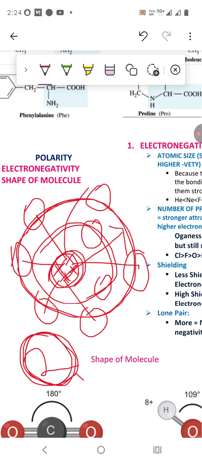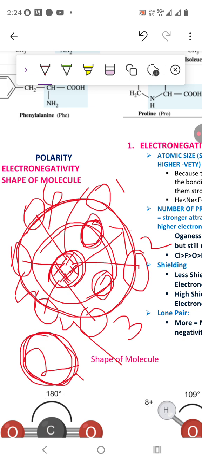But what happens is, in the valence shell there are 1, 2, 3, 4, 5, 6 electrons, but in the inner shell there are 2 electrons. What will these 2 electrons do? These 2 electrons will prevent the outermost shell electrons from reaching the nucleus. They shield the nucleus.